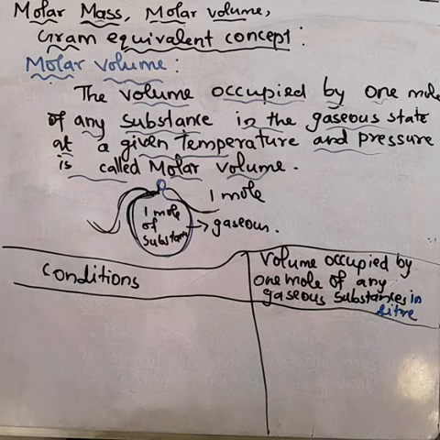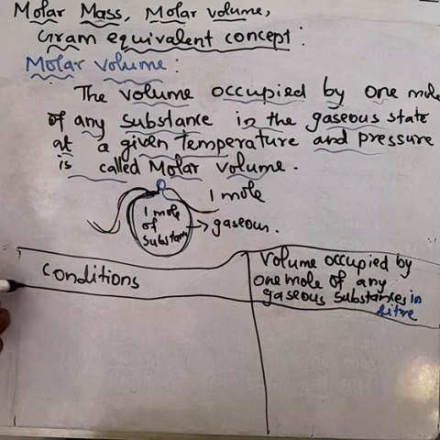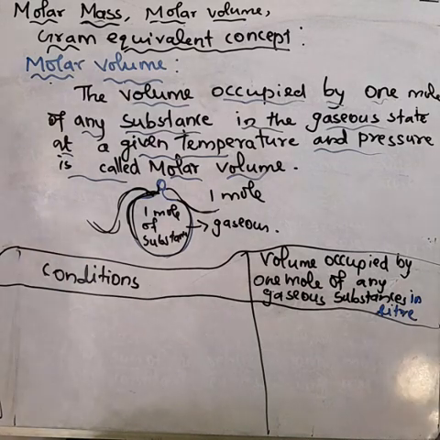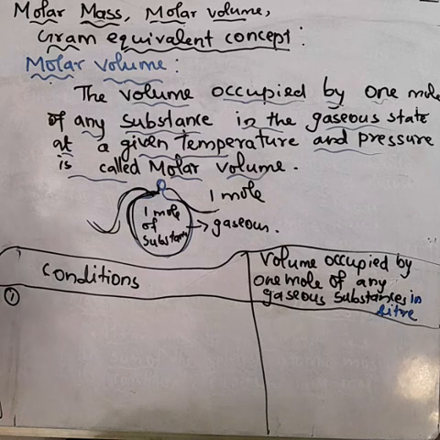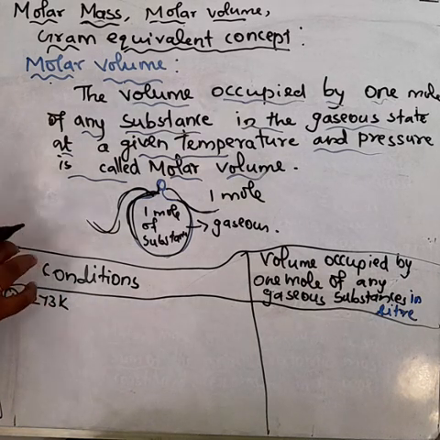The molar volume, the volume occupied by 1 mole of any gaseous substance in liters, is given in your textbook at 273 Kelvin. The conditions given are 273 Kelvin temperature and 1 bar pressure.